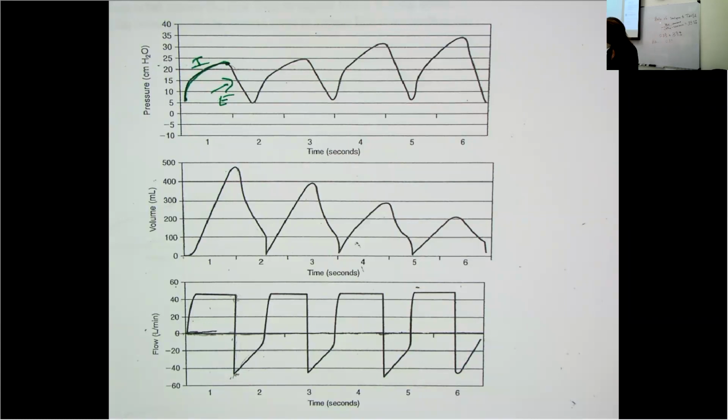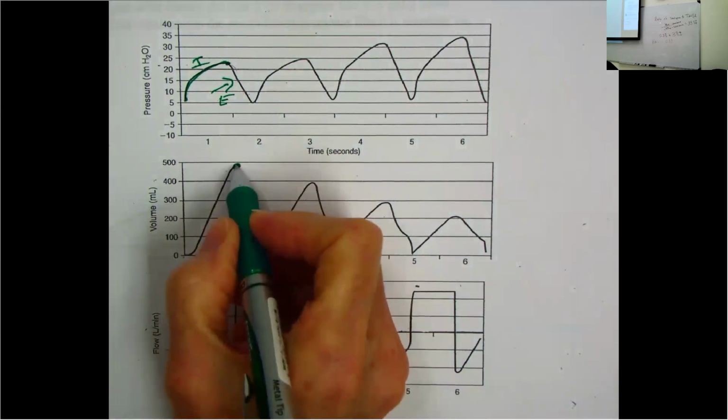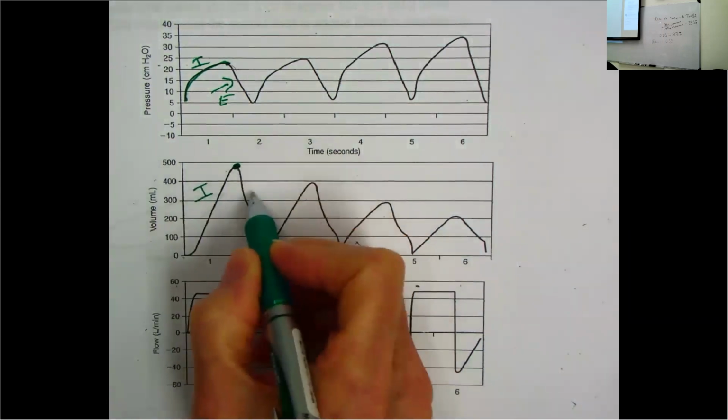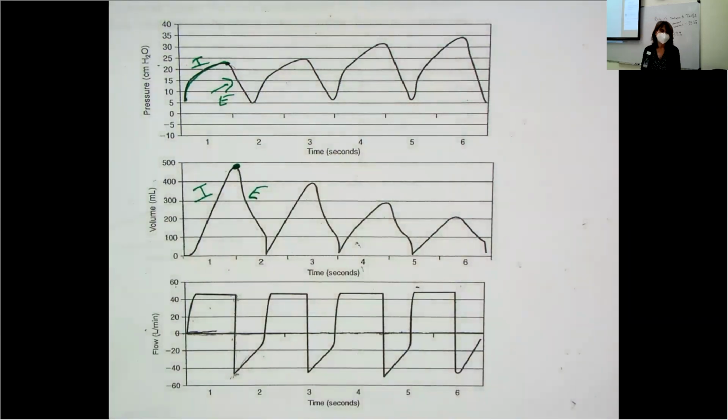Volume, when the volume goes in, the line goes up. When the volume comes back out of the lungs, the line goes down. And with the flow rate, everything above 0 is the air going into the lungs. Everything below 0 is the air coming back out of the lungs.